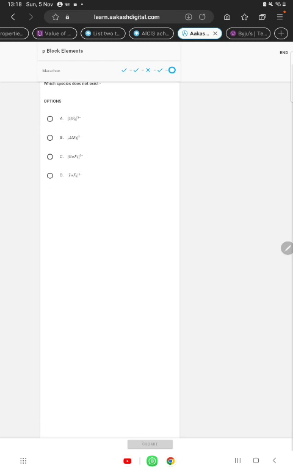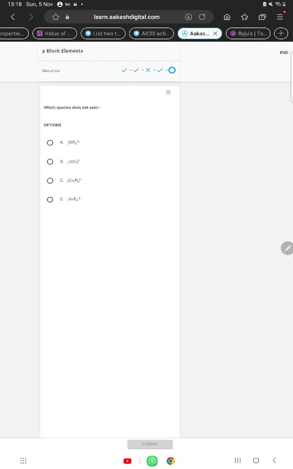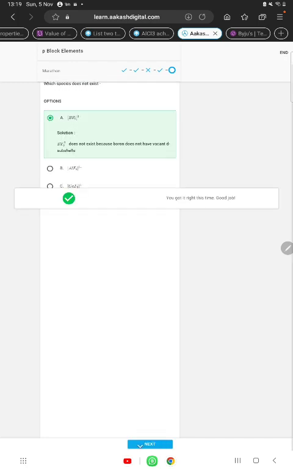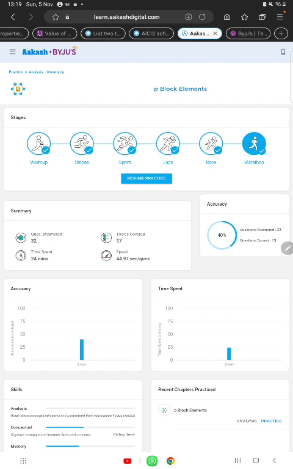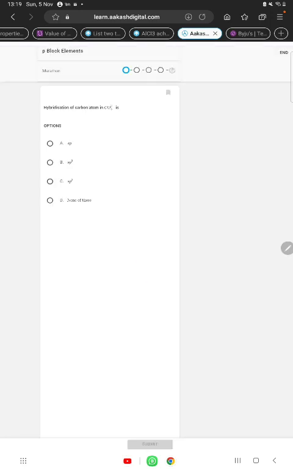Next one, you see, which species does not exist? BF6 3 minus will not exist, student, because boron does not have d orbitals. Hybridization of the carbon is sp3.